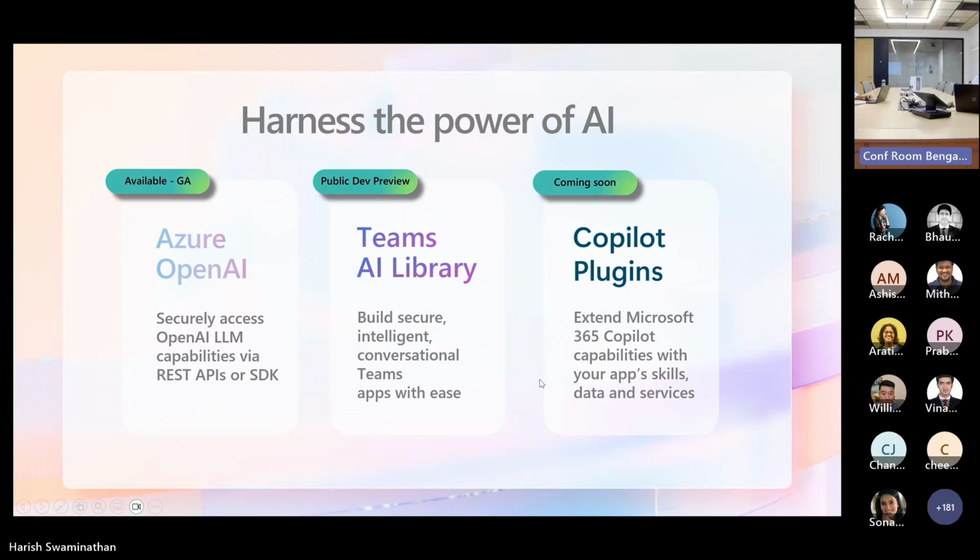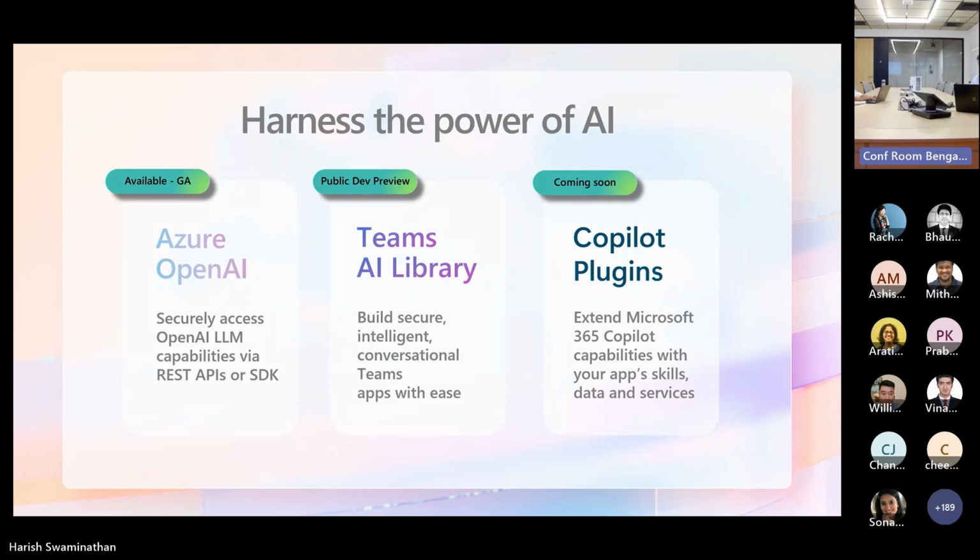When we say infuse AI into your Teams apps, there are really three broad categories that we're looking at right now. One is using the power of Azure OpenAI, where you're able to create these applications in a very secure manner.